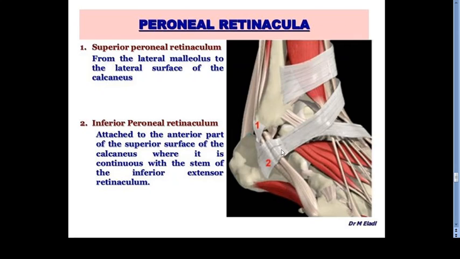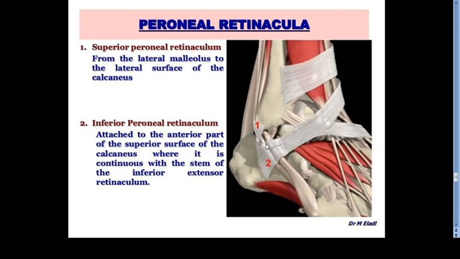The inferior peroneal retinaculum is attached to the anterior part of the superior surface of the calcaneum, and it is also continuous with the stem of the inferior extensor retinaculum; on the other side, it is attached to the lateral surface of the calcaneum, right? So these are the two retinacula that you can appreciate.